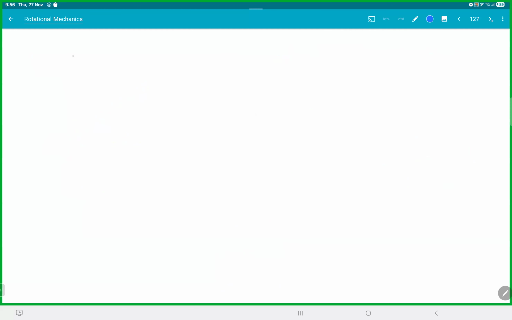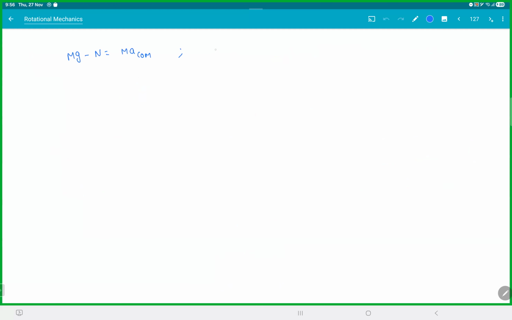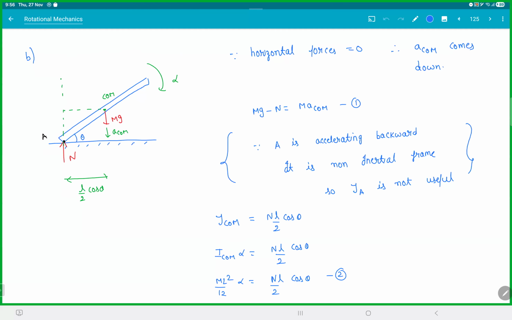So if I take all the equations, now it is a little work. Mg minus N is equal to m a COM. ml square alpha by 12 is equal to... ml alpha by 6 is equal to N cos theta.